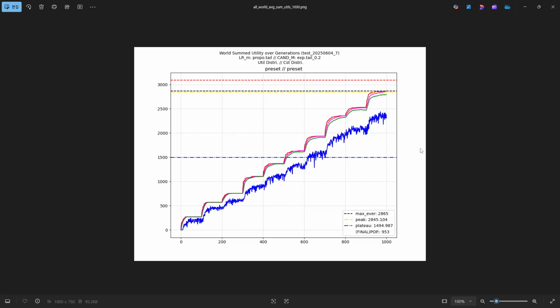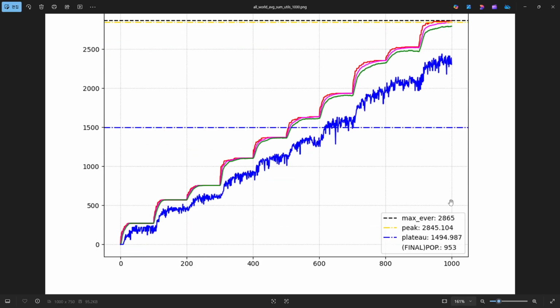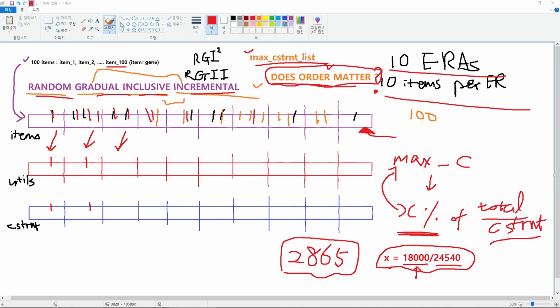We have 2865, the true ceiling, again. So it seems to be working.